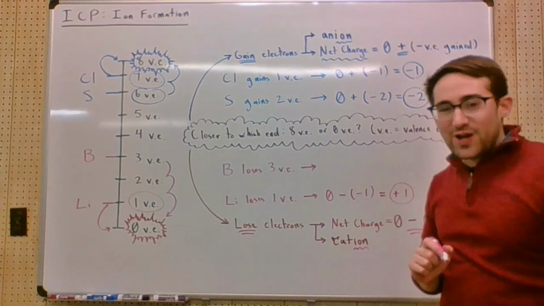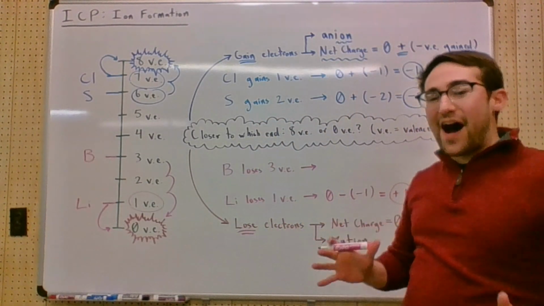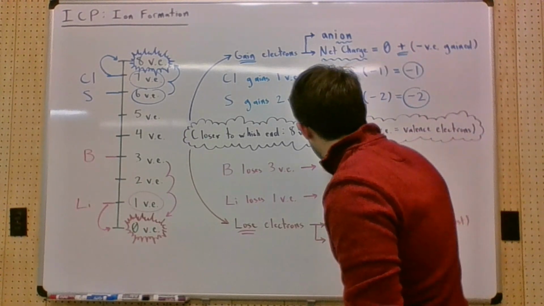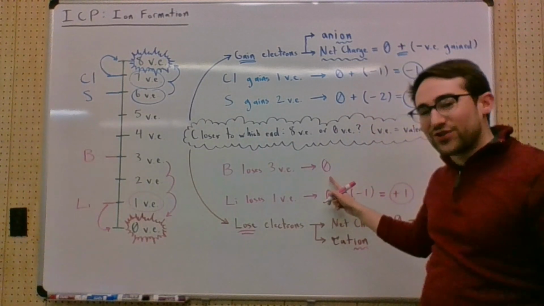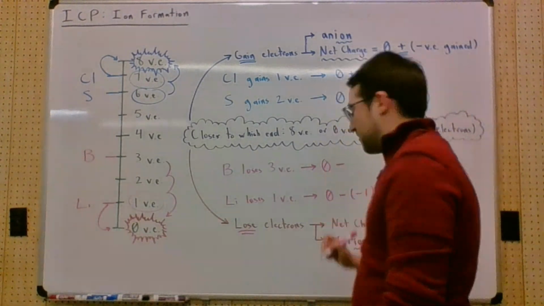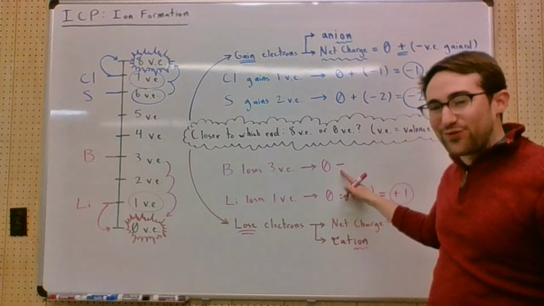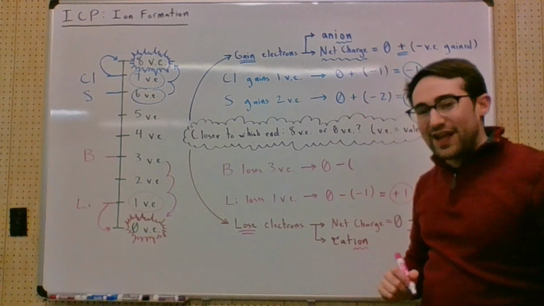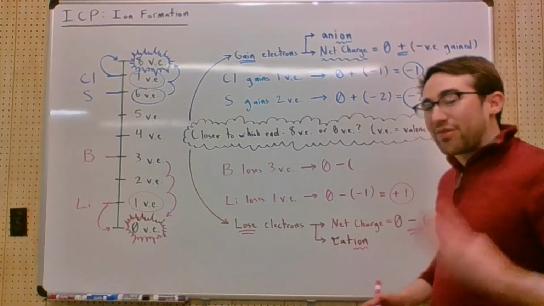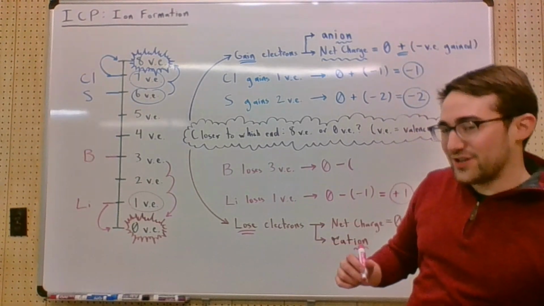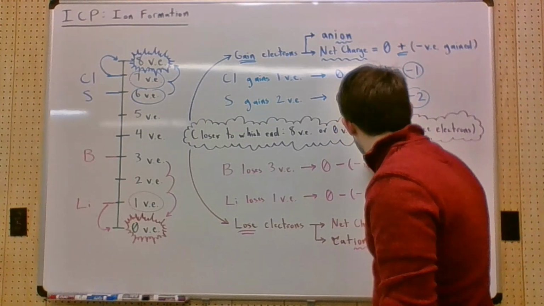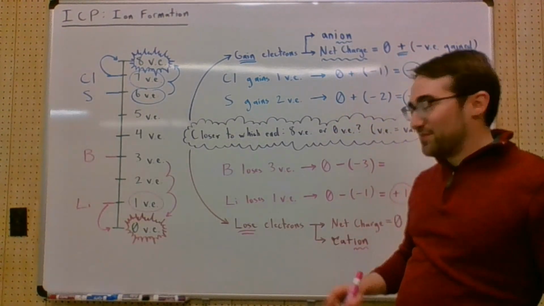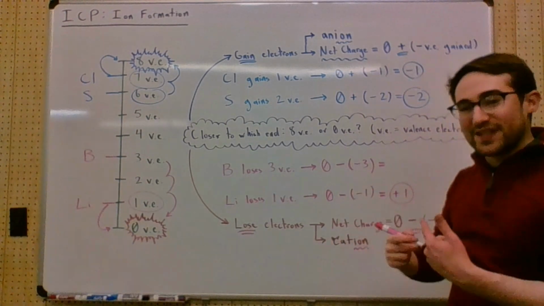And this charged atom of boron, this boron ion, as it loses 3 valence electrons, goes from having a neutral charge of 0 to having minus from losing those electrons. Each electron has a negative charge, so 3 of them means they're going to have a -3 charge. And remember, minus and negative flips the sign.